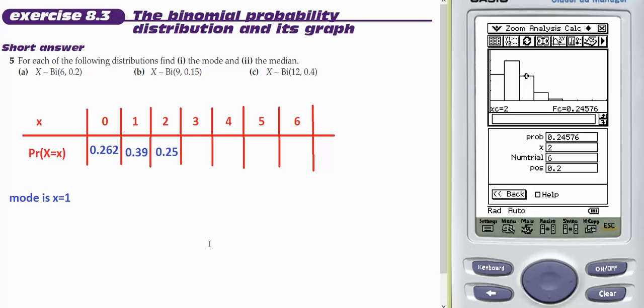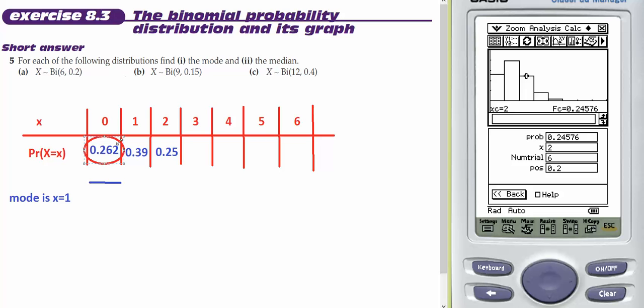Now, to work out the median, I'm going to use these probabilities because if I go from 0 to there, the probability I have used up is 0.262, which isn't halfway.